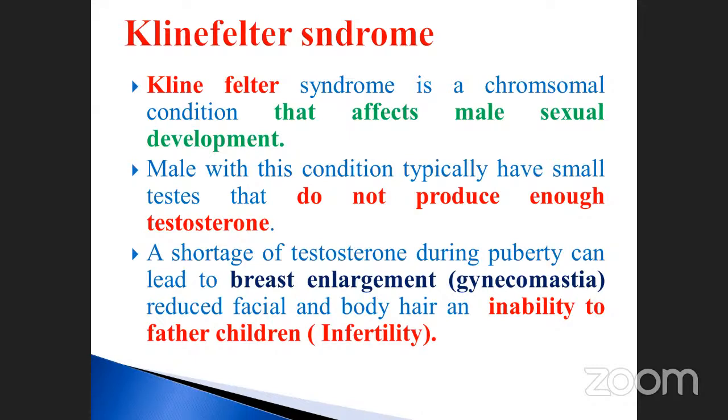Males with this condition typically have small testes that do not produce enough testosterone. The shortage of testosterone during puberty can lead to the enlargement of the mammary gland. The enlargement of the mammary gland in males is called gynecomastia.